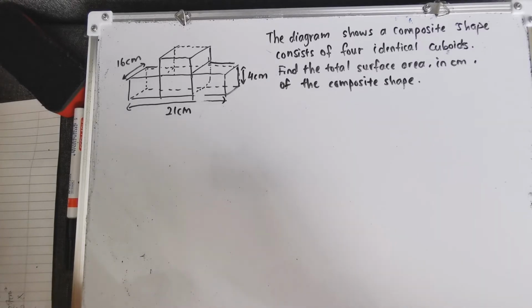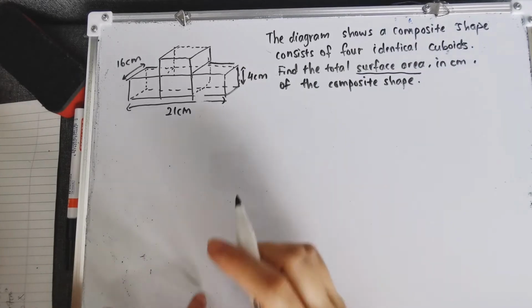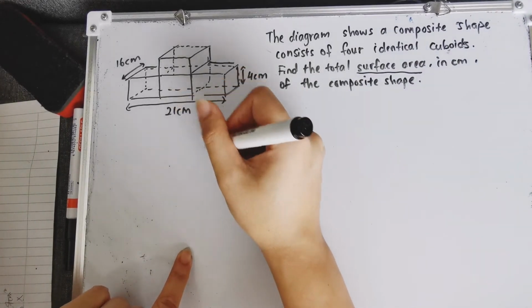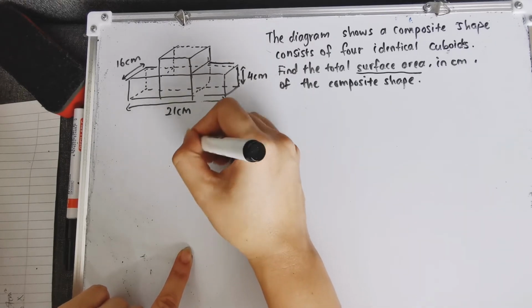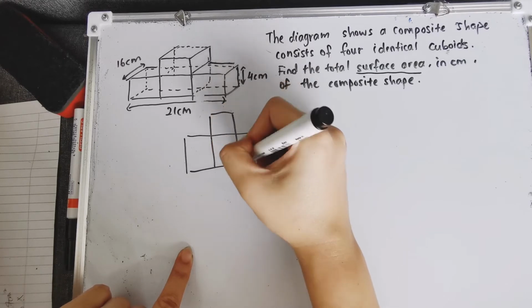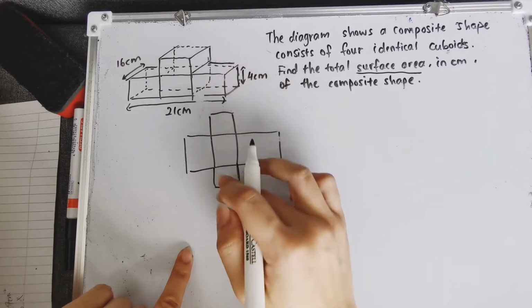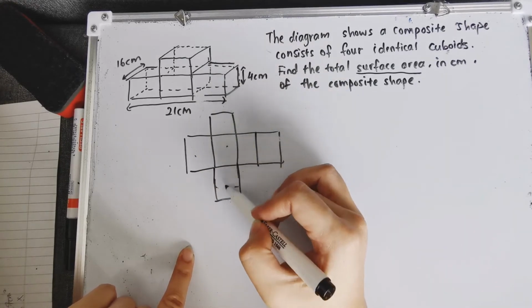So the next question, they want us to find surface area. Surface area means, for example, a box. A box, you have 1, 2, 3, 4, 5, 6.